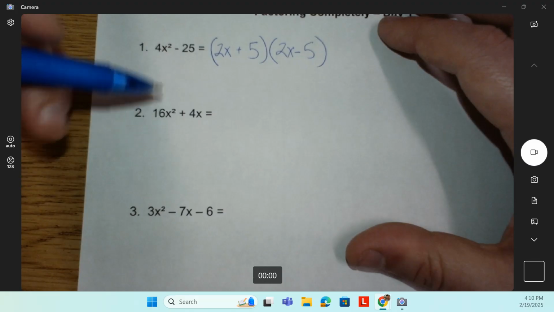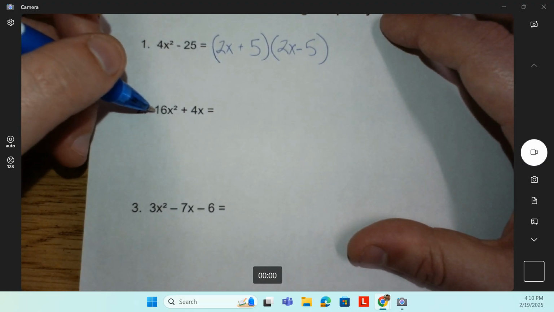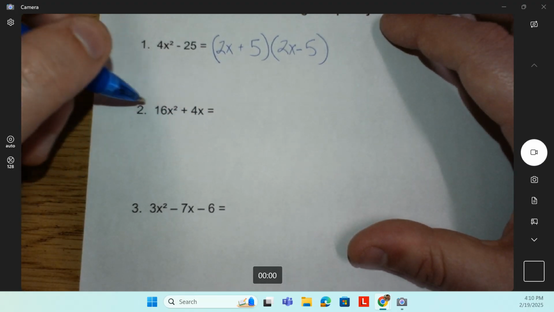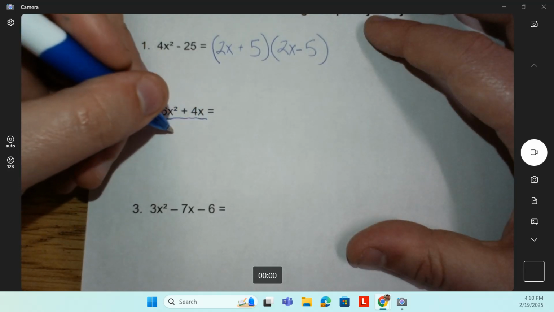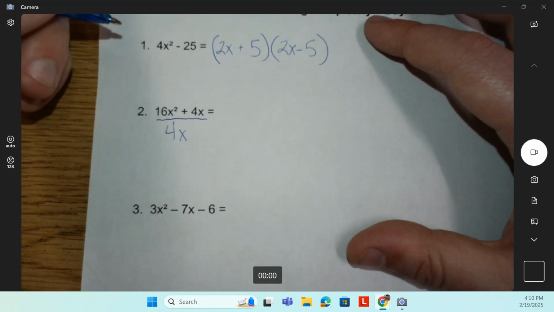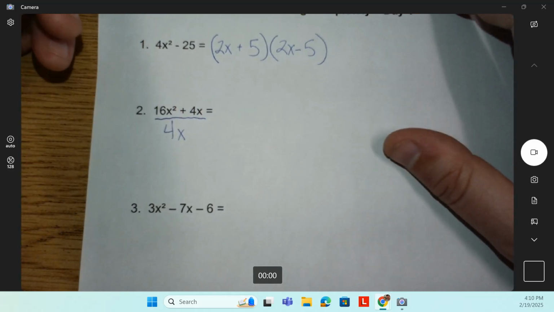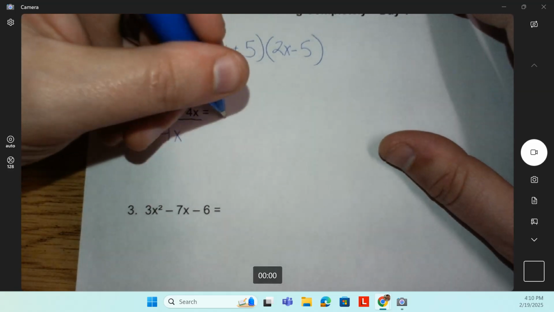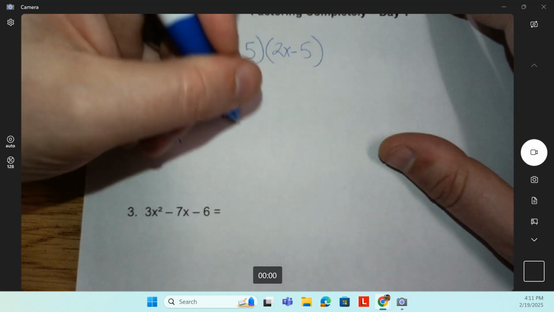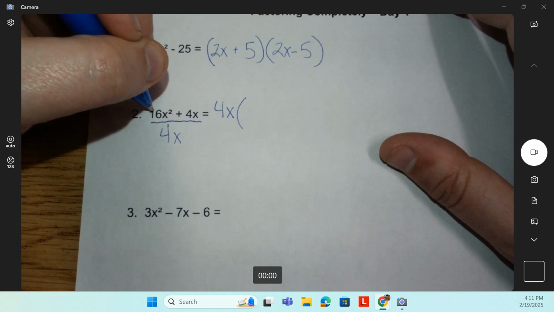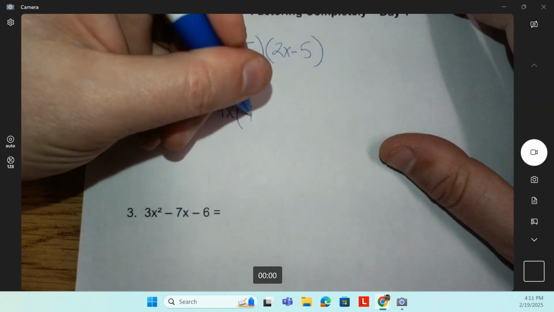For the second one, I'm noticing right away 16 and 4 will both divide by 4, and they both have an x term. So it looks to me like we could divide both by 4x. When I do that, the 4x is going to move out front, and then 16 divided by 4 is 4.